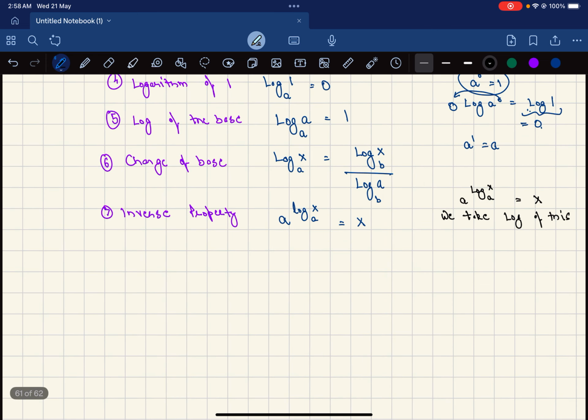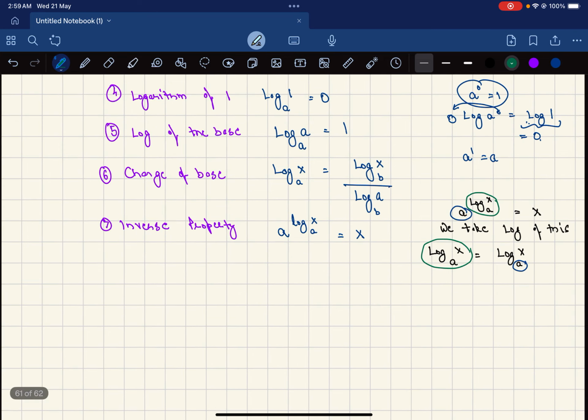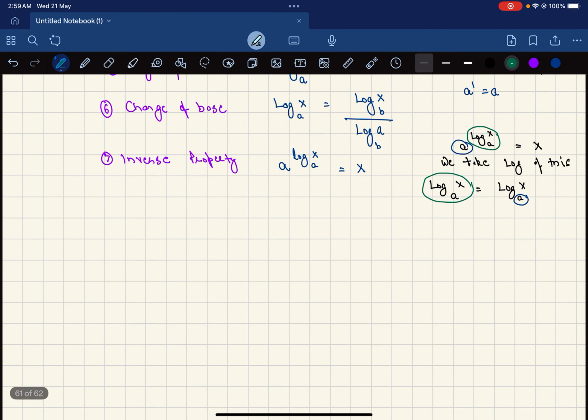So in this case the power is log x to the base a itself, so we can write it as log x to the base a equal to log x to the base a, because this a is this a, and this log x to the base a is this particular term. So we simply use the basic definition of log to verify this relationship.